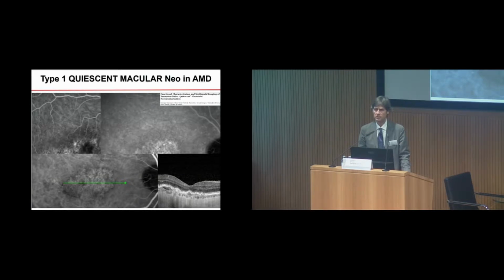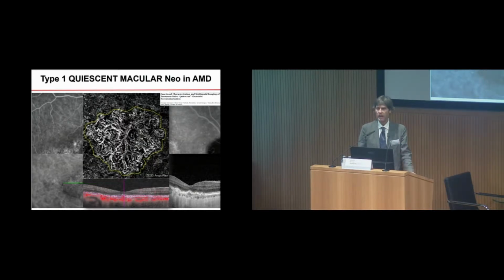Looking at the structural OCT, we can nicely see this flat, irregular RPE elevation with a highly reflective material in the back surface of the RPE. With the introduction of OCT-A, it was possible to distinguish this peculiar phenotype even without ICG, so just with OCT. And here you can nicely see this large quiescent type 1 neovascularization well visualized with OCT-A.